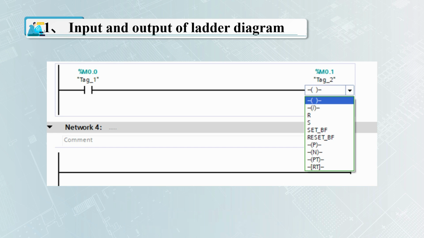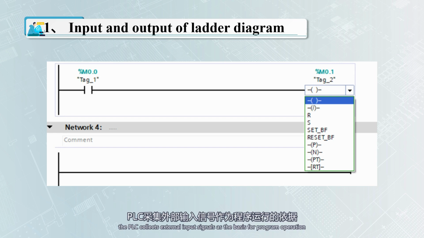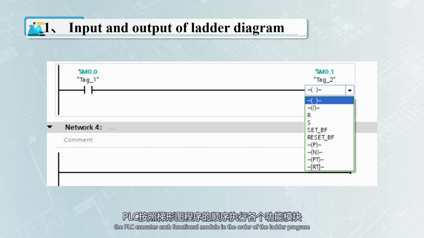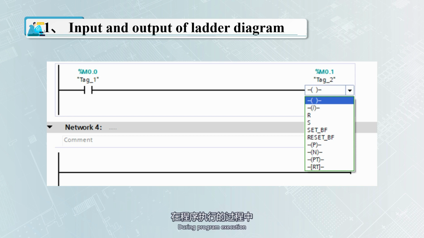In the input phase, the PLC collects external input signals as the basis for program operation. Then, during the program execution phase, the PLC executes each functional module in the order of the ladder program. During program execution, the PLC continuously updates the internal status and register values for subsequent logical judgment.